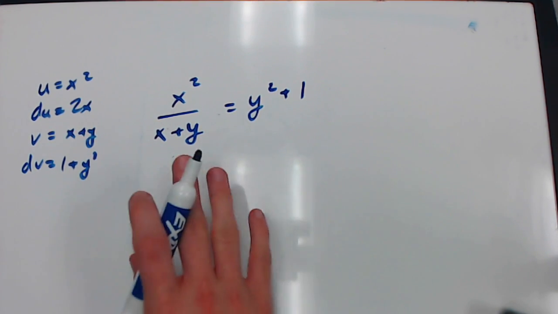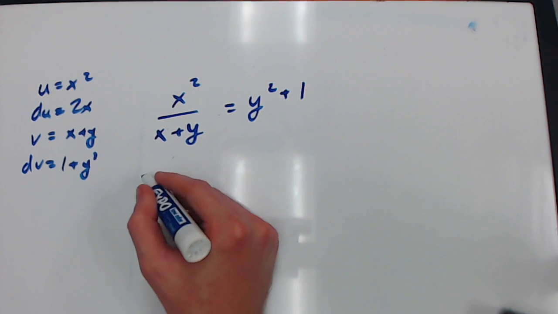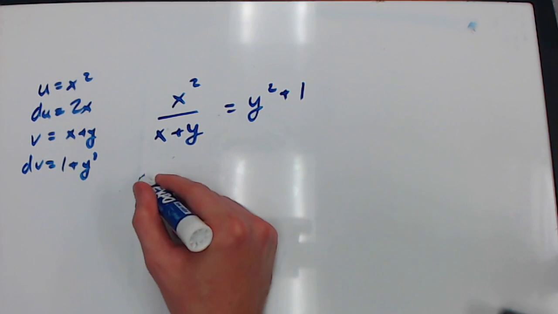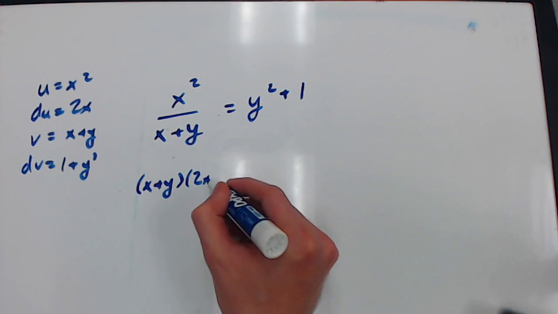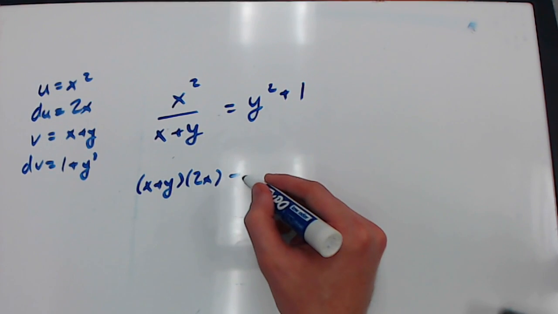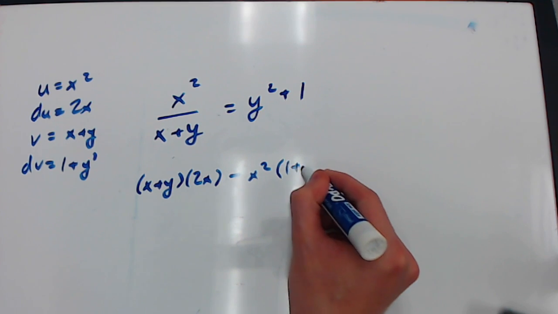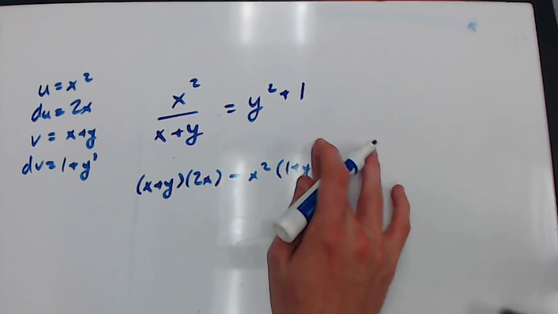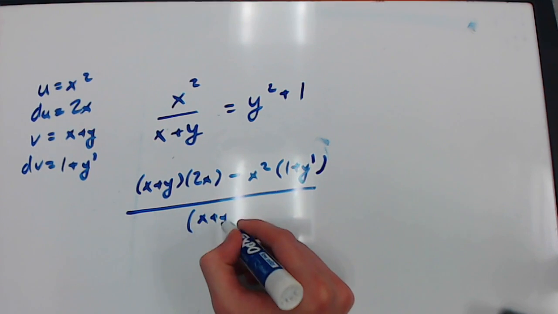So on this side, we're going to use our quotient rule. So we'll have x plus y times 2x minus our x squared times 1 plus y prime, all over x plus y squared.